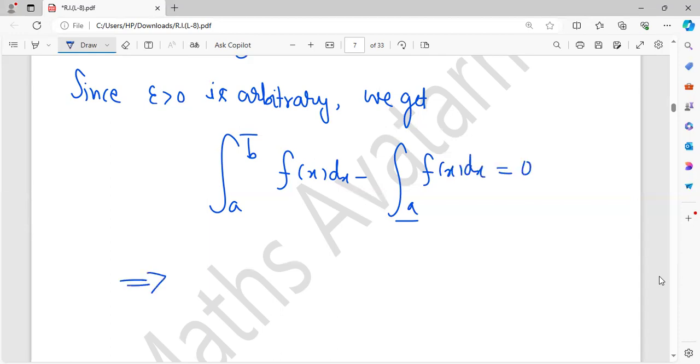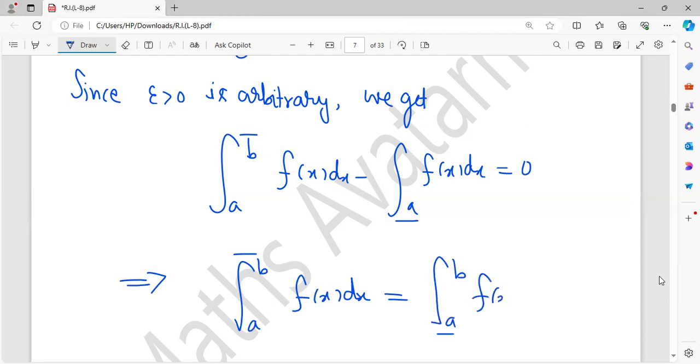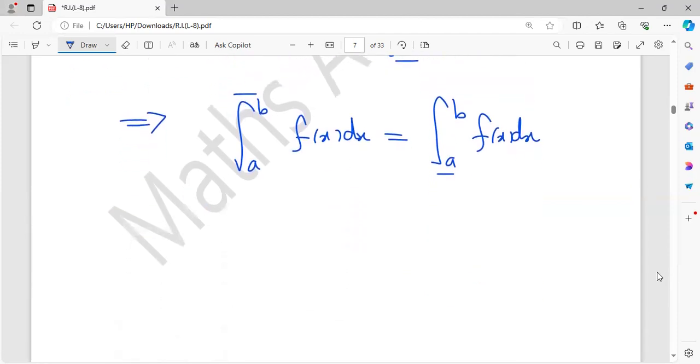So what does it mean? It means the lower integral is equal to the upper integral. Then both the integrals are equal, and the function is Riemann integrable.